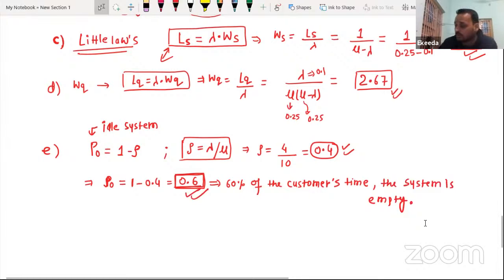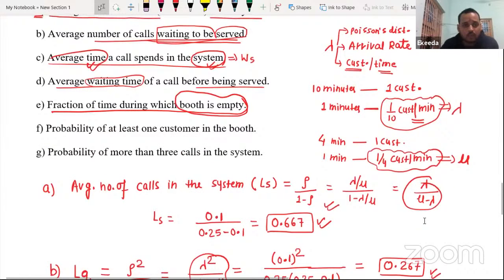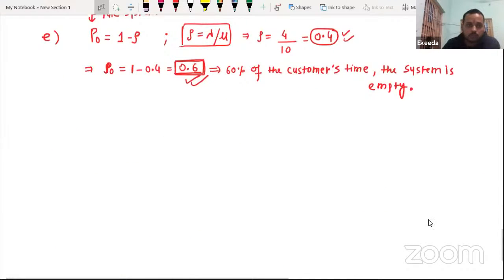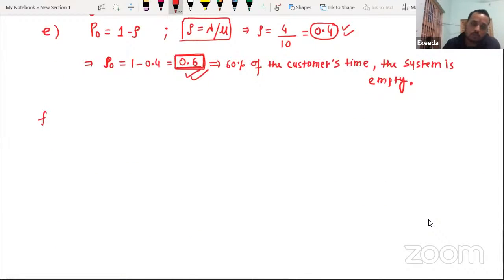Now they are saying the probability of at least one customer in the booth. For this part, calculate Pn where n is greater than or equal to 1. So this will be equal to 1 minus P naught.